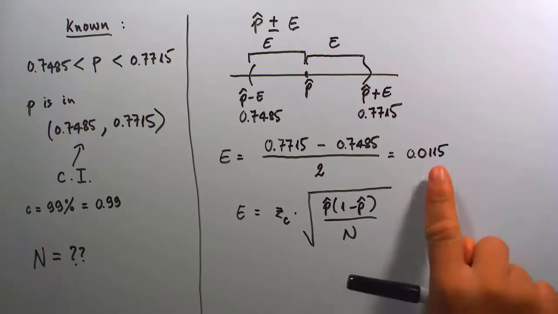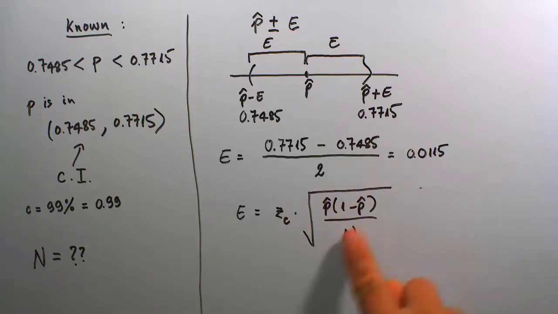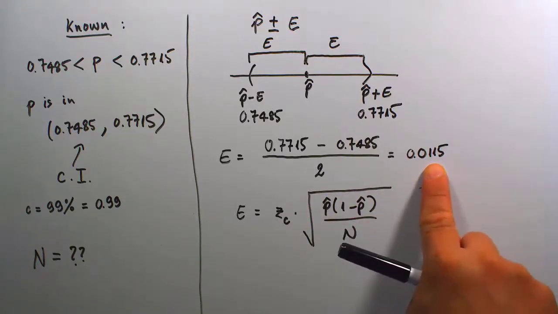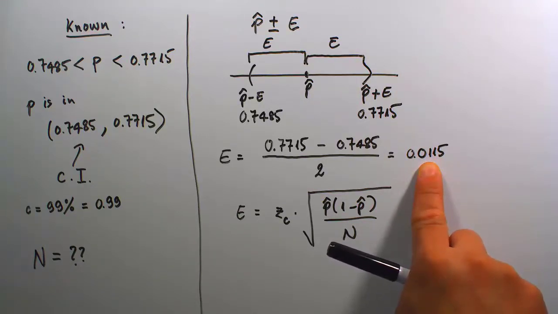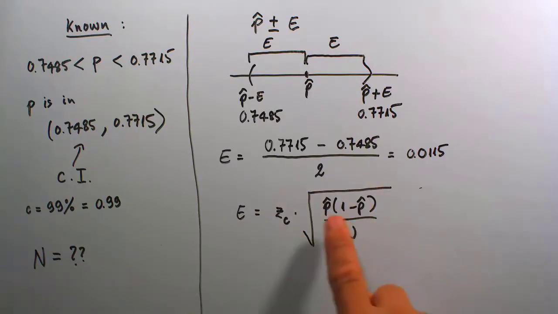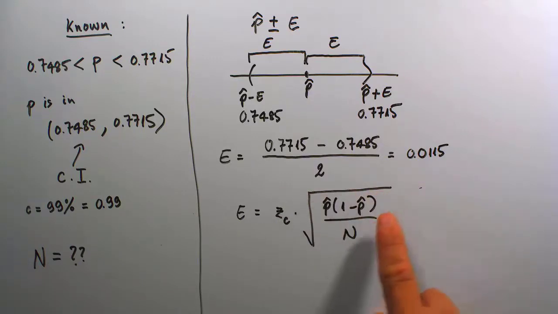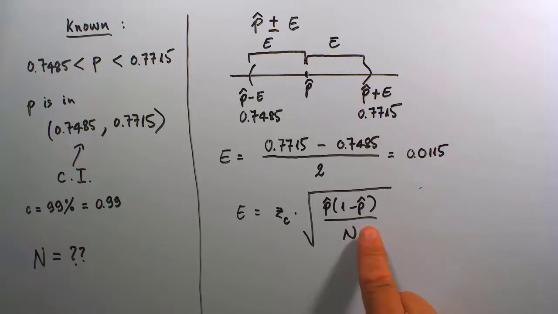We already had this margin of error information by bypassing this formula. And think about the role of this margin of error value that we have already obtained here. It will be substituted into the value of E on the left-hand side of this equation. But on the right-hand side, particularly inside of my square root expression, the entire information regarding the sample proportion value is still completely absent. So in that way, we still need to find our p hat value.